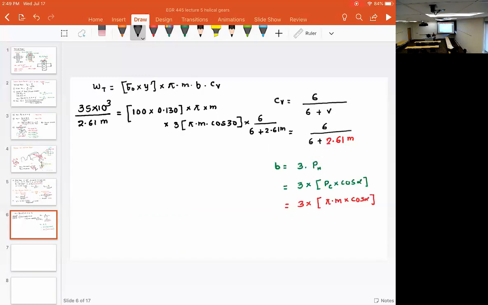So for this equation, there are two ways to solve this. If you have a scientific calculator, then the calculator will actually solve this equation and give you the value of m. Yeah, it's going to be a cubic equation.